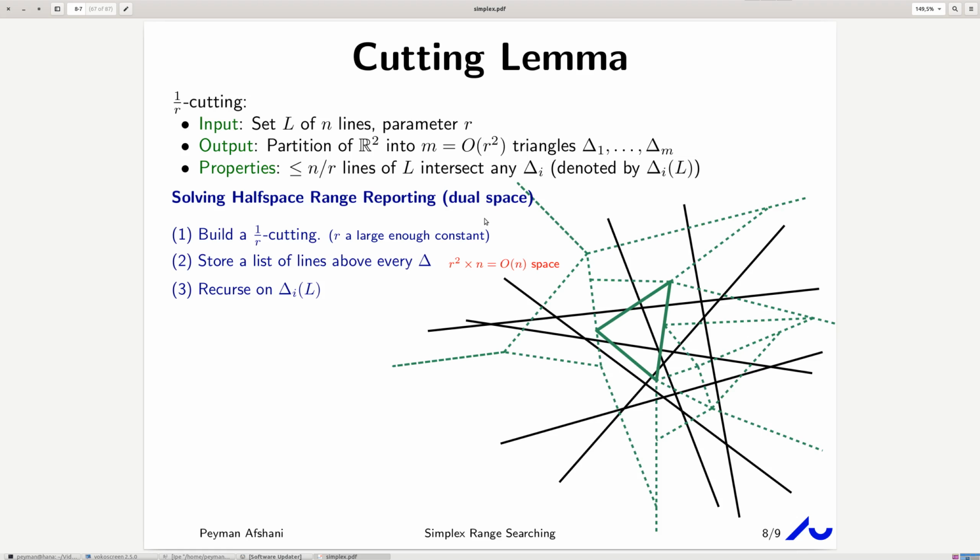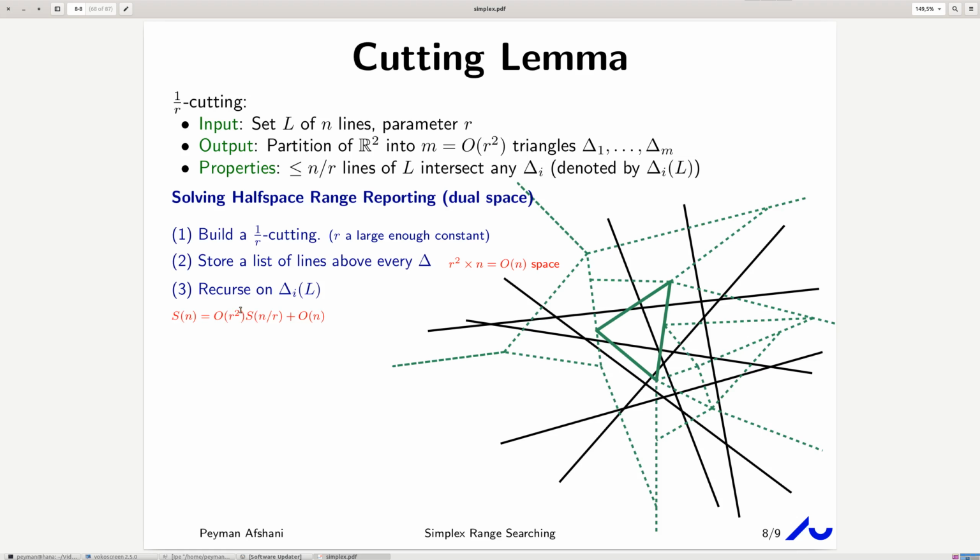Let's analyze the space. R is a constant, so there are R squared triangles. In the worst case, all the lines pass above the triangle. So therefore, storing the list of lines that pass above every triangle takes at most R squared times n space, and since R is a constant, that's linear space. So the recursion for the space becomes something like this.